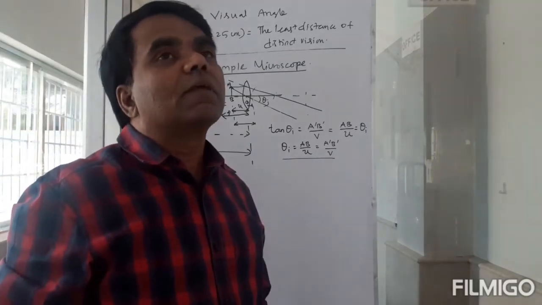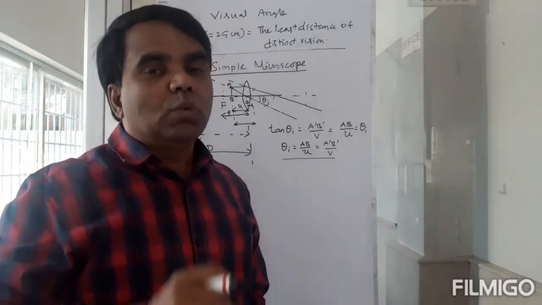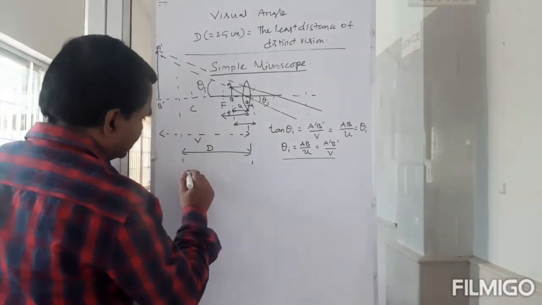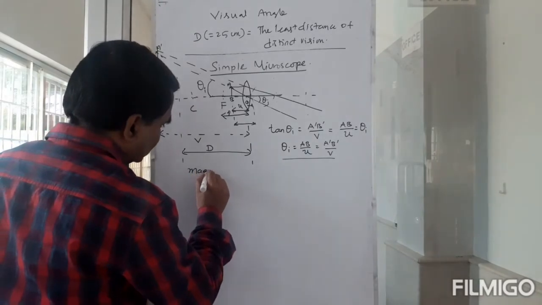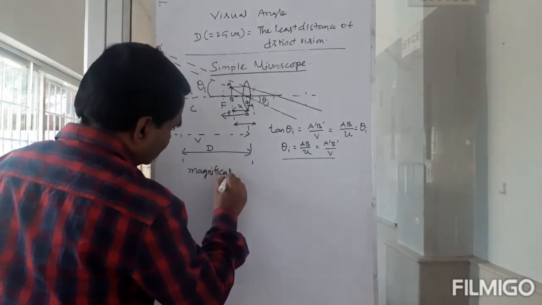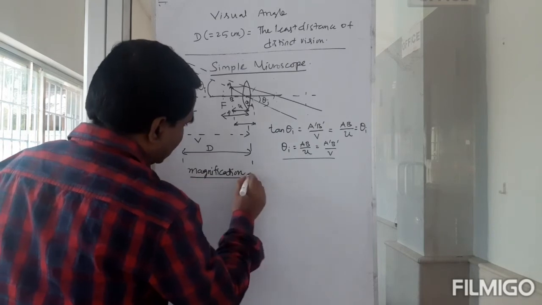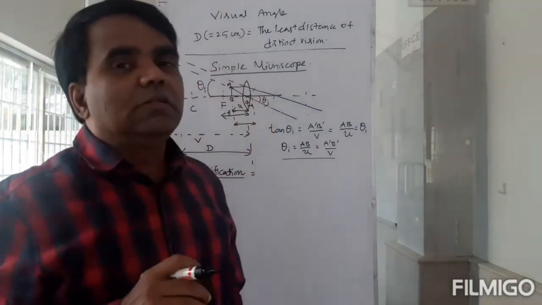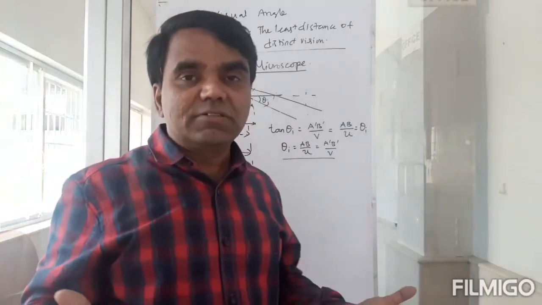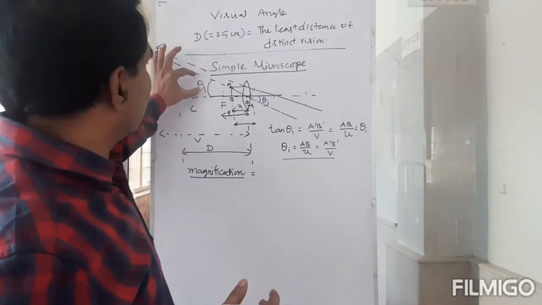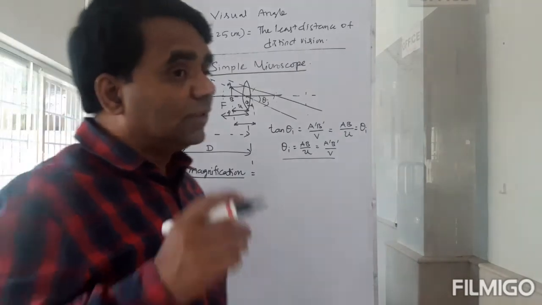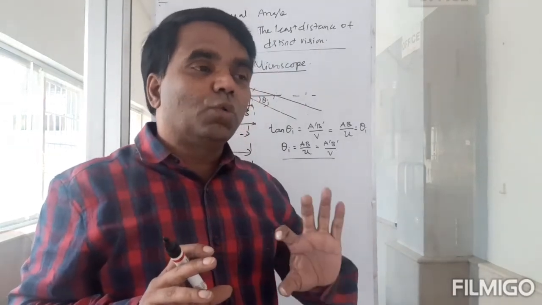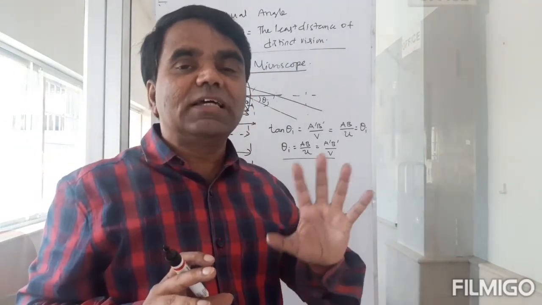Now, what is the magnification you get? So magnification. Magnification is defined like this. The visual angle you get with the instrument, okay? So this is the visual angle you got with the instrument, and the maximum visual angle you get without the instrument, to the unaided eye.